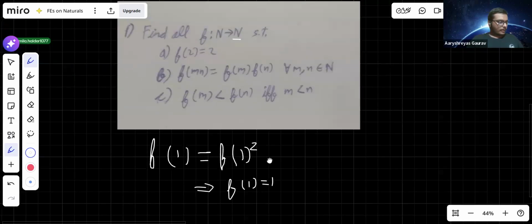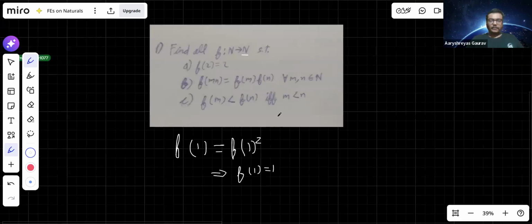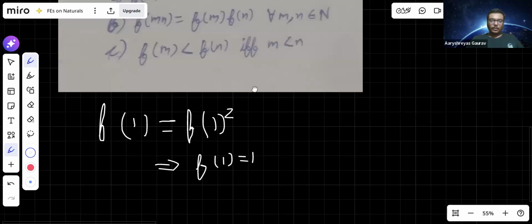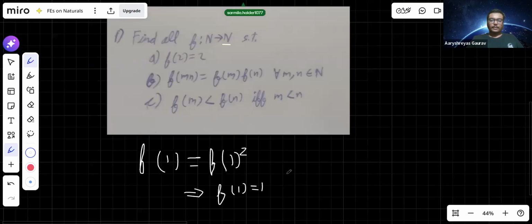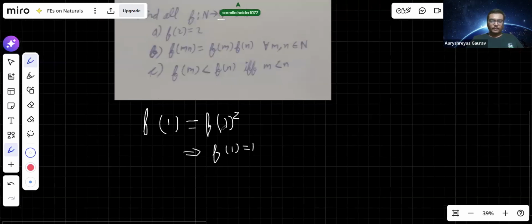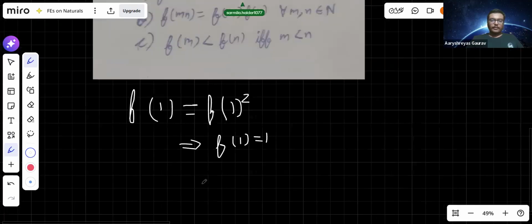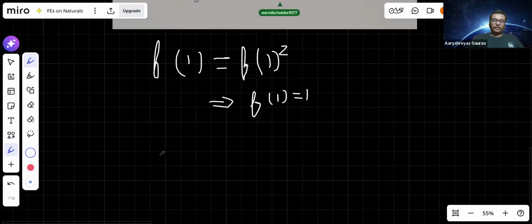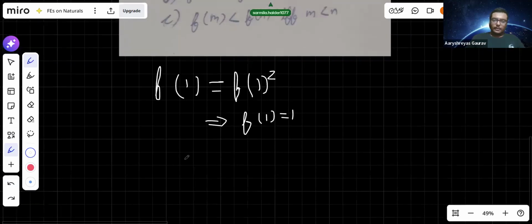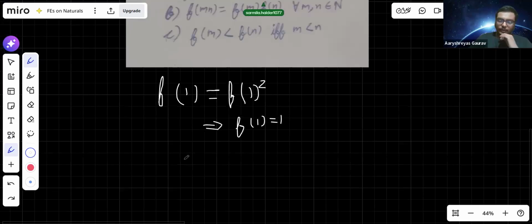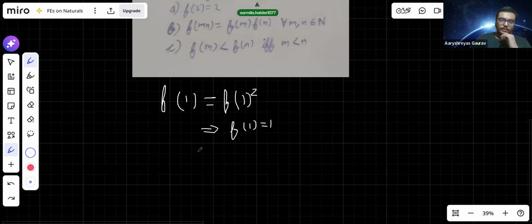Now, the interesting thing is how we proceed to get the other values. I will be telling you about induction in the first part.